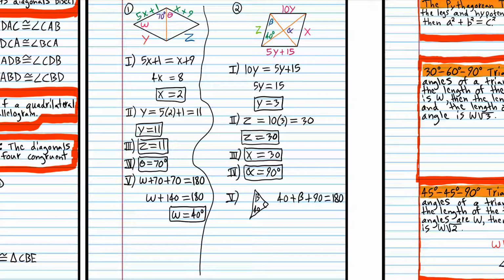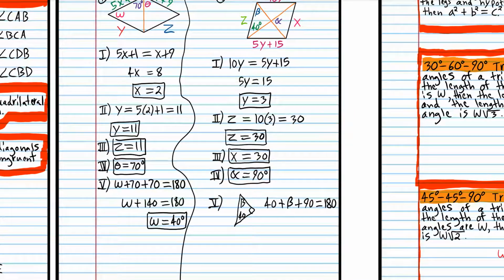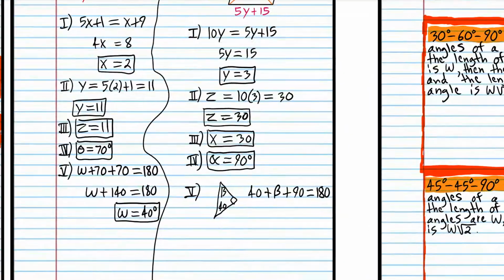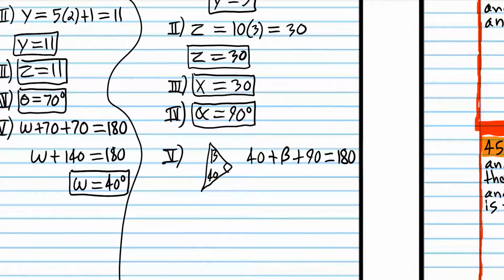Again, that's the triangle sum theorem. If you're having trouble remembering the triangle sum theorem, then that's a huge problem. That means you're not doing the homework. So add 40 and 90, and we get 130. Subtract 130 from both sides, and we get 50 degrees. Beta is equal to 50 degrees.